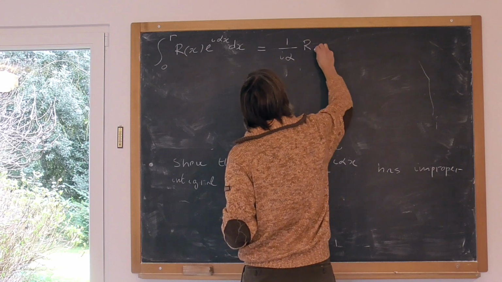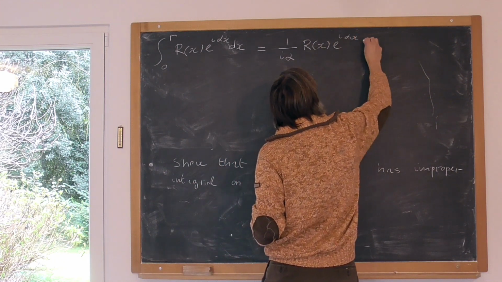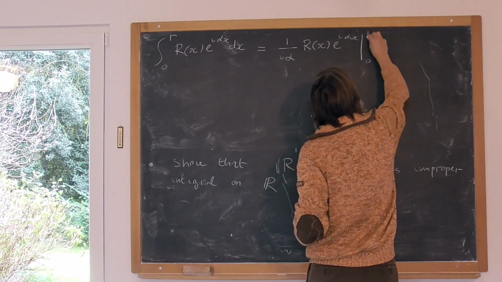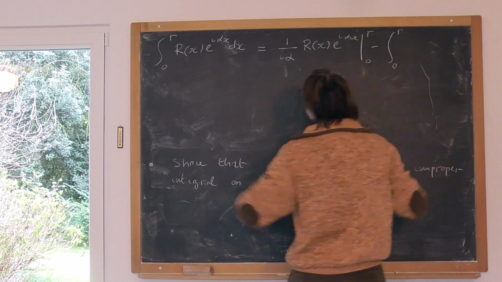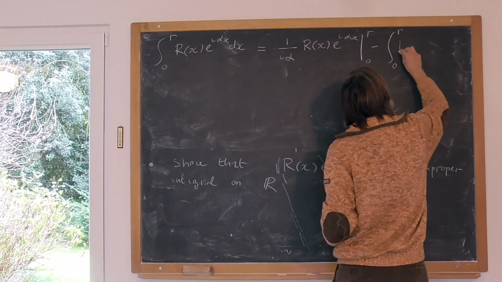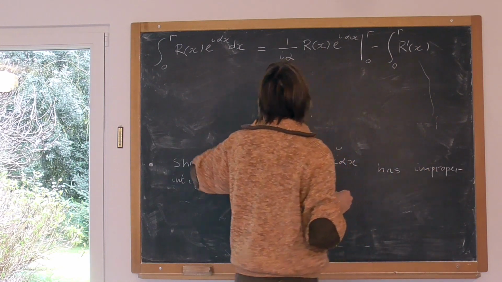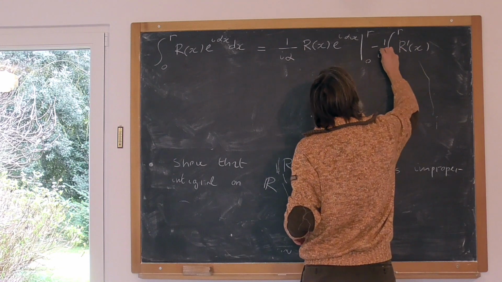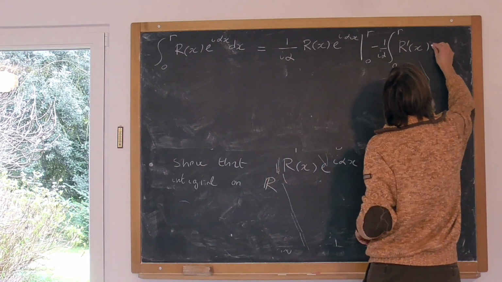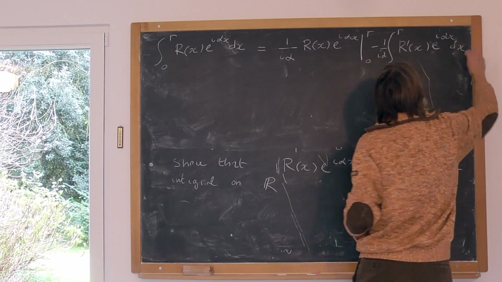So we write r again, and then we have e to the i alpha x, between 0 and r, minus the integral between 0 and r of the derivative of this, r prime of x, and then again the primitive, with this 1 over i alpha, which can be written also outside, and here we have again e to the i alpha x dx.